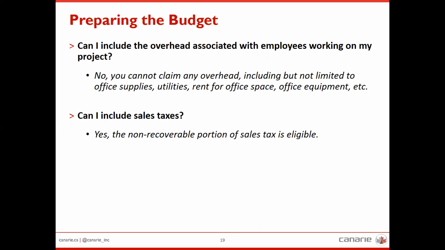The next question, can I include sales taxes? Yes you can, but that's limited to the non-recoverable portion of the sales tax. So in the event that you get a refund from CRA for sales tax, that part needs to be excluded.